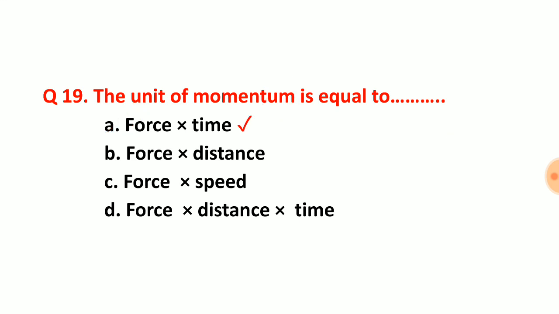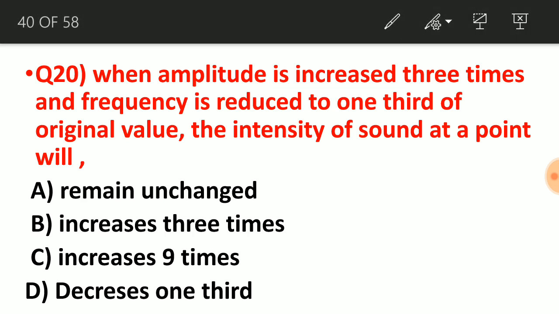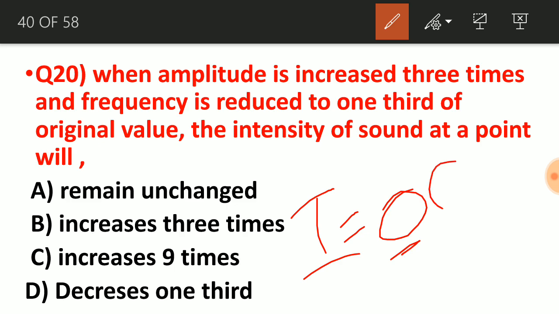Now let us see the last question. When amplitude is increased 3 times and frequency is reduced to 1/3 of the original value, what is the intensity of sound? The intensity of sound depends on F square into A square, where F is frequency and A is amplitude.